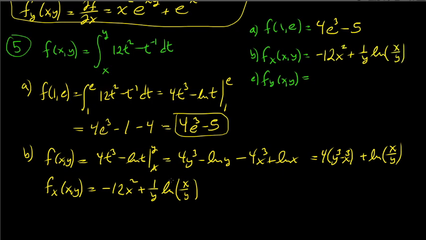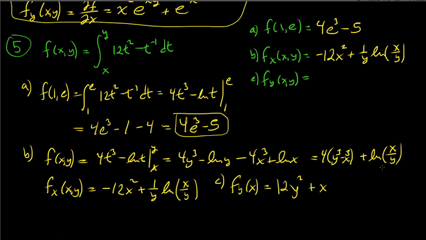Right. And then with respect to y, very similar. Here you're just going to get 12y squared. And then with respect to y, x is the constant. So we're going to get plus x.